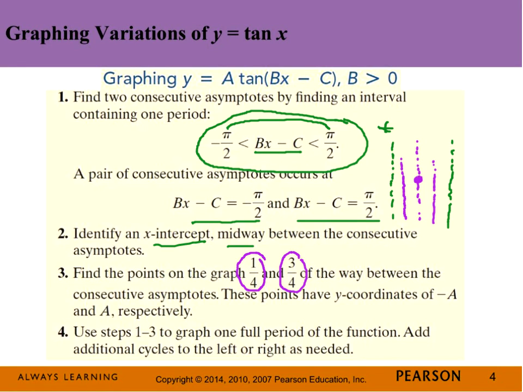So you're basically halving the halves there. That's why they say 1/4 of the way through and 3/4 of the way through, because you know the general shape of this thing is to move like that. And so you just need these two points to help you find the S part of the curve there.